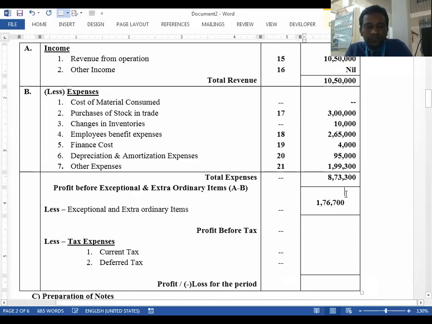Now there is no exceptional item given here, so dash. The rest amount is similar, 1,76,700. This is the profit before tax.